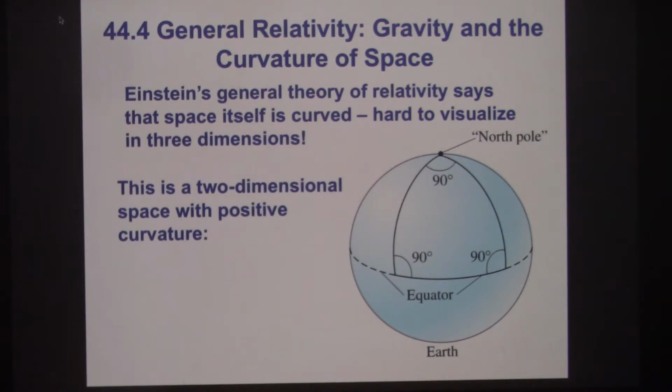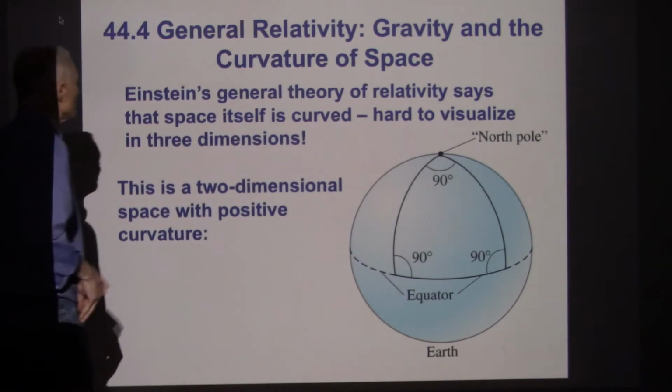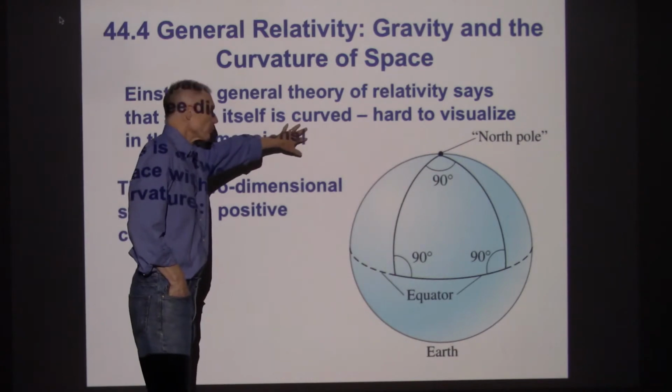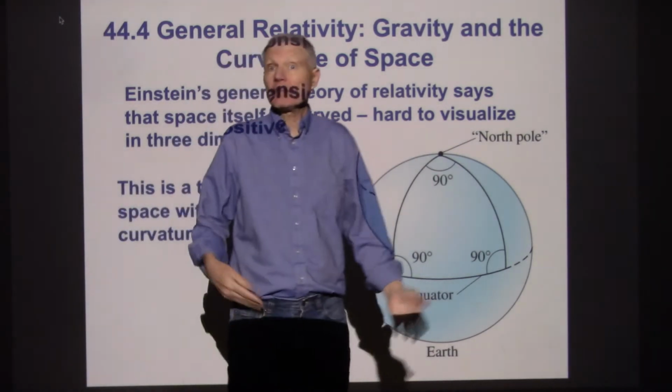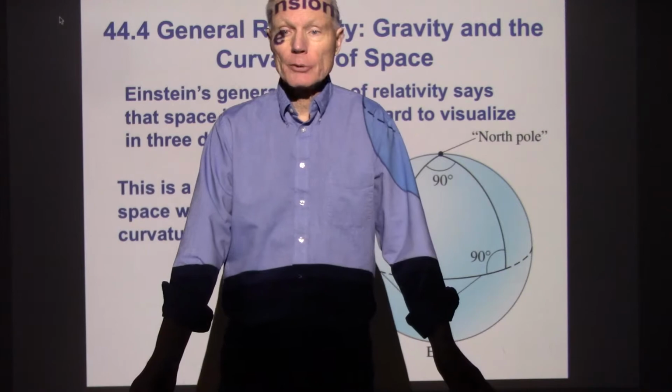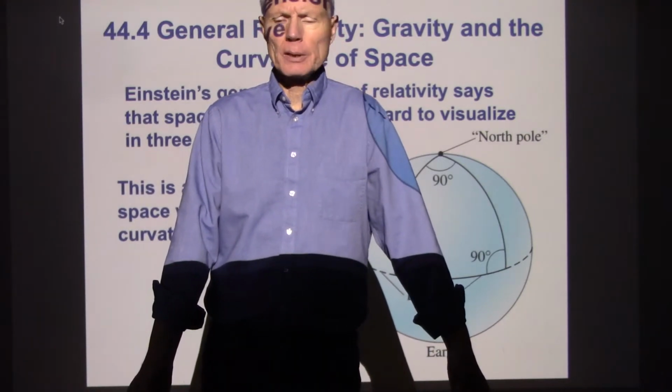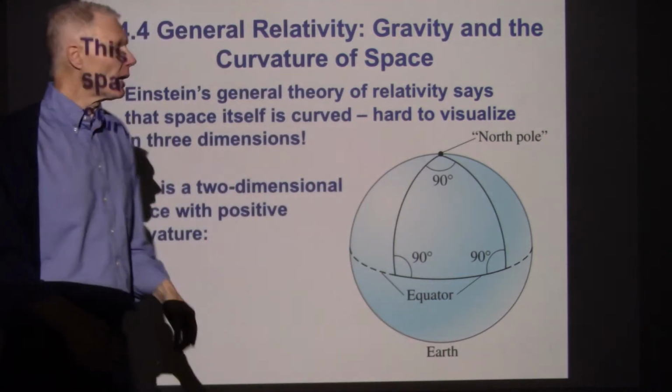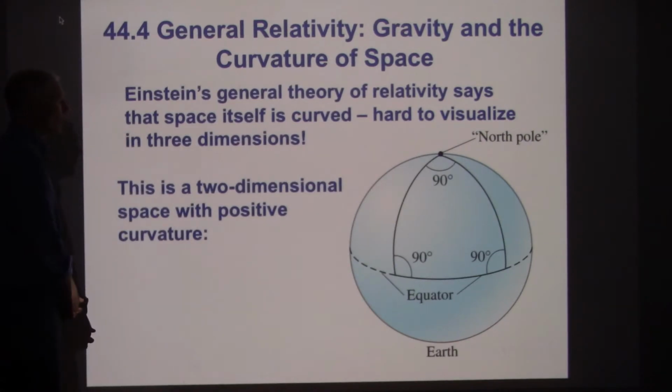So with general relativity, we've got the possibility that space itself is curved. And by curved, we mean that it doesn't have familiar Euclidean geometry, that there could be a curvature that goes along with it.